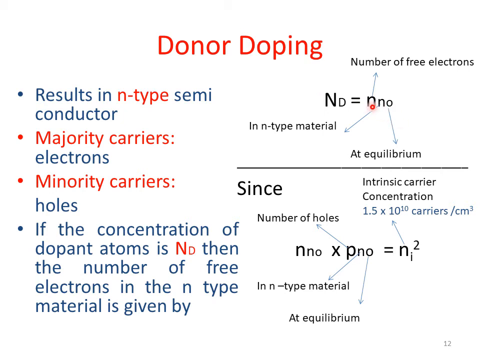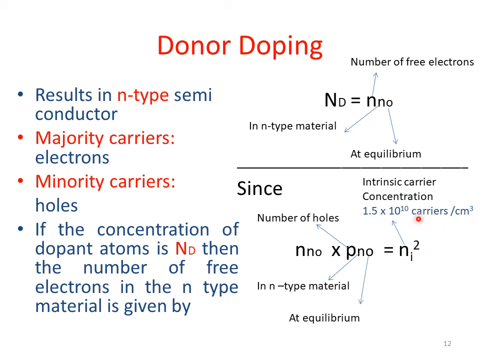अच्छा, if Nn naught is representing free electrons in n material, then try to see what will be Pn naught. It will be the number of holes in the n material at equilibrium. Pn naught will be indicating the number of holes in the n material at equilibrium. So within a semiconductor material or within an n-type material, the product of the number of electrons which are in majority and the number of holes which are in minority is always equivalent to the square of the intrinsic carrier concentration.